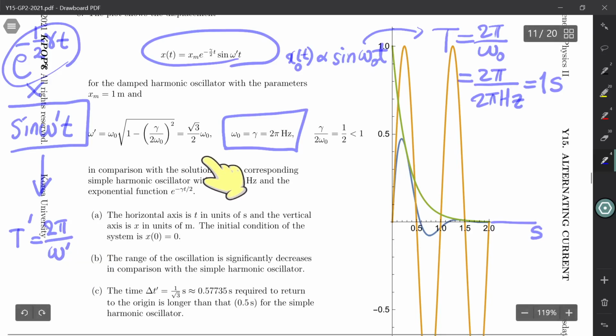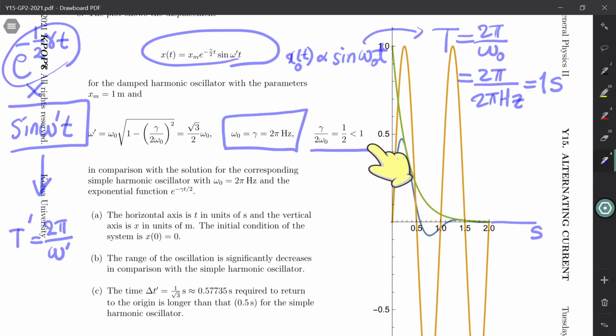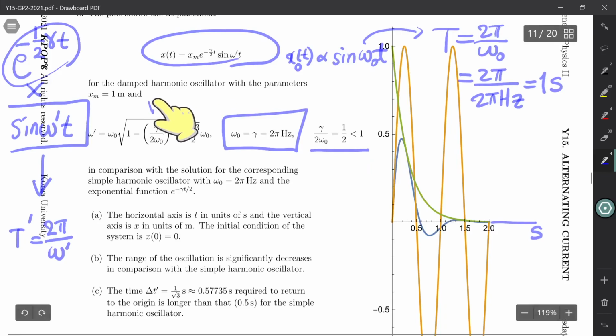And omega prime, if we substitute these values, this is 1 minus 1/2 squared, so square root 3/4, this is square root 3 over 2.